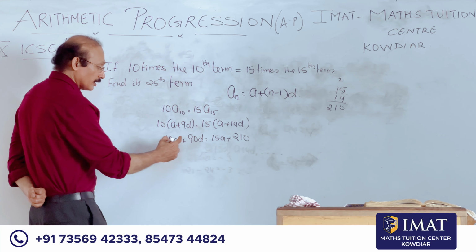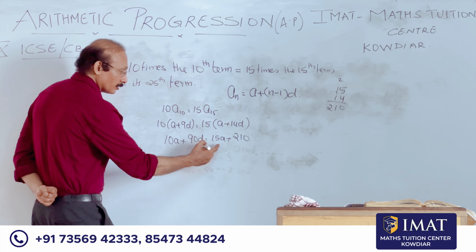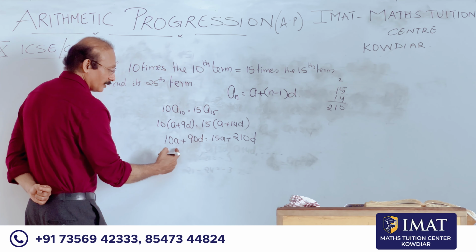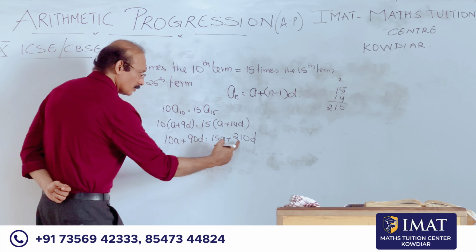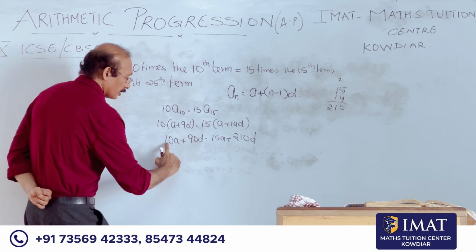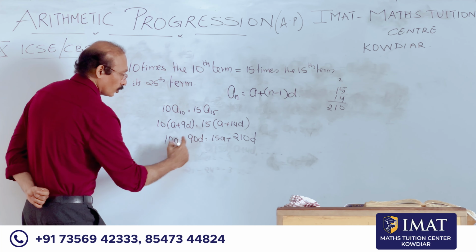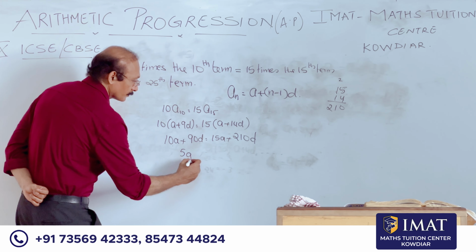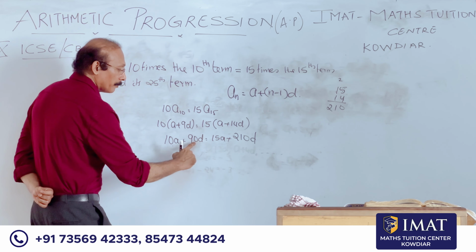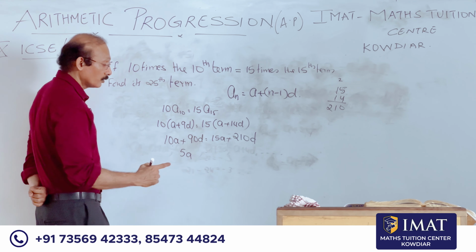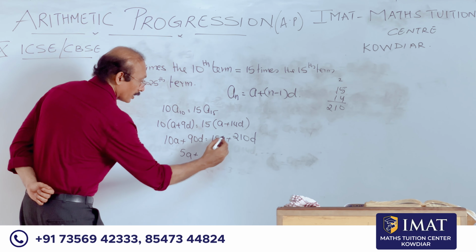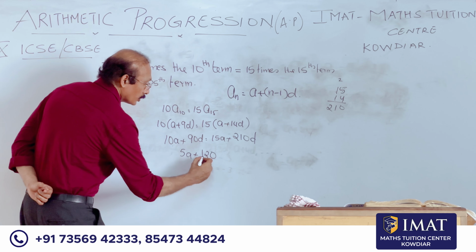Okay. So now let us simplify this. I'll take this 10A to the right side. This is 210 times D. So I'll take 10A to the right side. All the terms, both the terms, let me take it to the right side. So here it is 15A. What is 15A minus 10A? Won't it be 5A? Right? Now let me take 90 to the right side. So 210 minus 90. Isn't it 120?